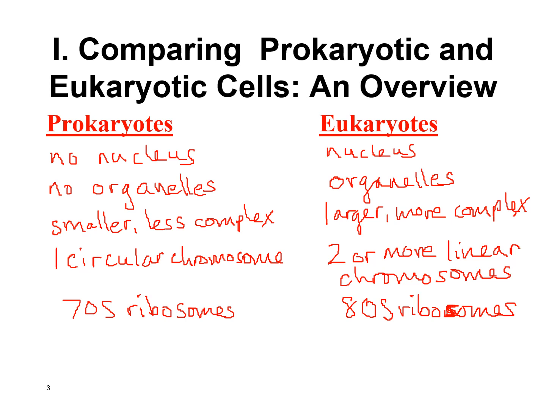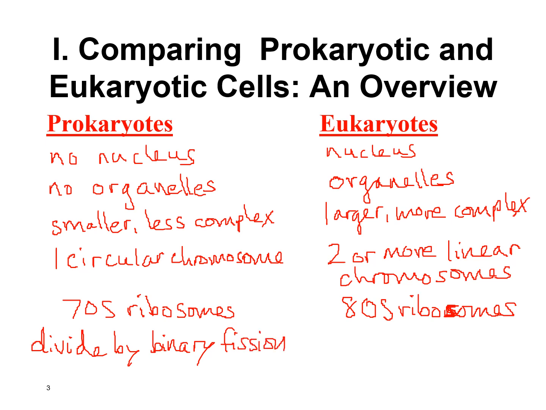Okay, and another big difference is how prokaryotic cells and eukaryotic cells divide. So prokaryotic cells are going to divide by something called binary fission. So they do not do mitosis or meiosis.